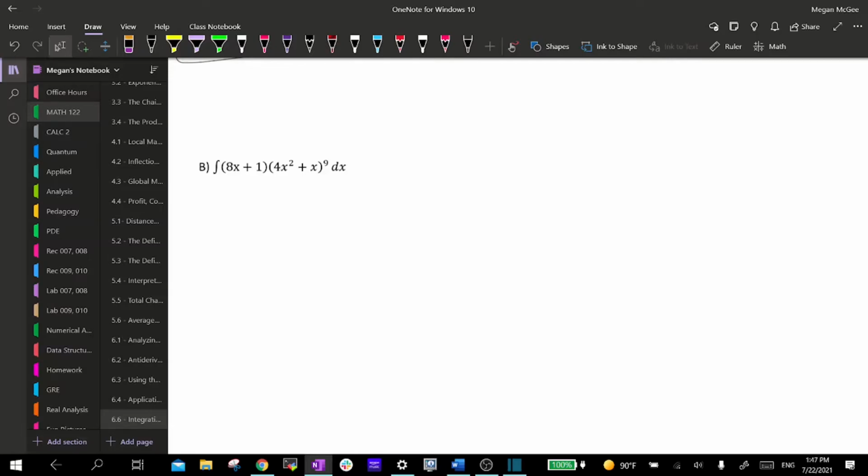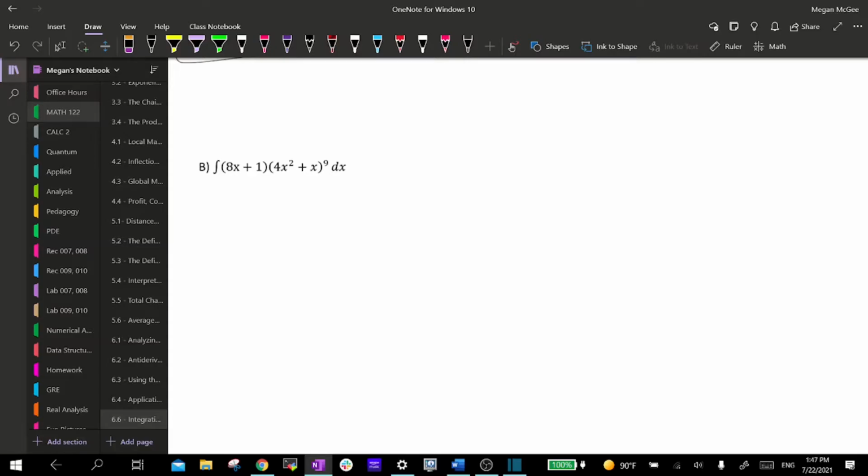Here we have 2 binomials, or really we have 10 of them because this one's to the 9th power. All right, so sometimes it's worthwhile to go ahead and multiply these out, because if you don't need to do a u substitution, then it could be a bit simpler. However, I don't know about you, if you want to, go for it.